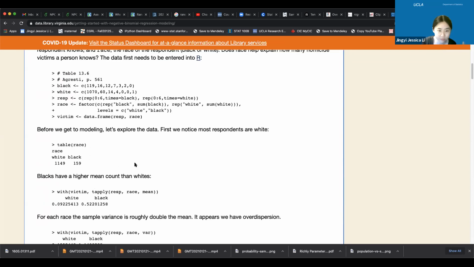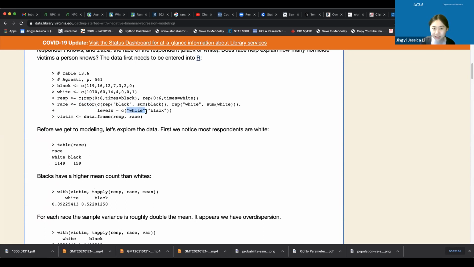Let's scroll back. Right, so in R, if you're going to input a categorical predictor, not a numerical predictor, into regression, you specify the vector as a factor. Factor means you're telling R this is a categorical predictor. The first level of the factor is considered to be the baseline.